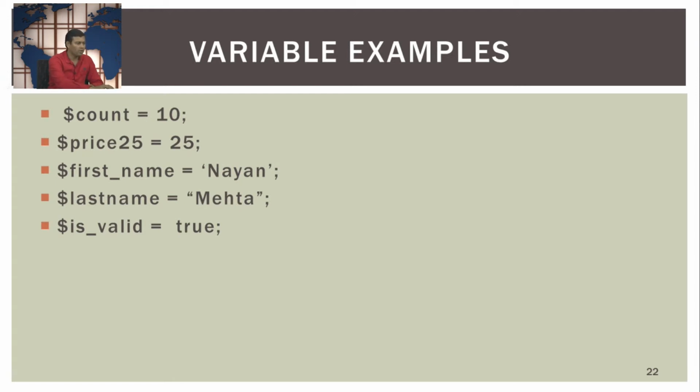Or you can read it another way: value 10 is assigned to the variable count. $price is 25. Though we use 25, the variable name starts with a character, so it is valid. $first_name, we can use the underscore special character, has this value, and $last_name has this. We define one boolean variable as $is_valid, and its value is assigned true.